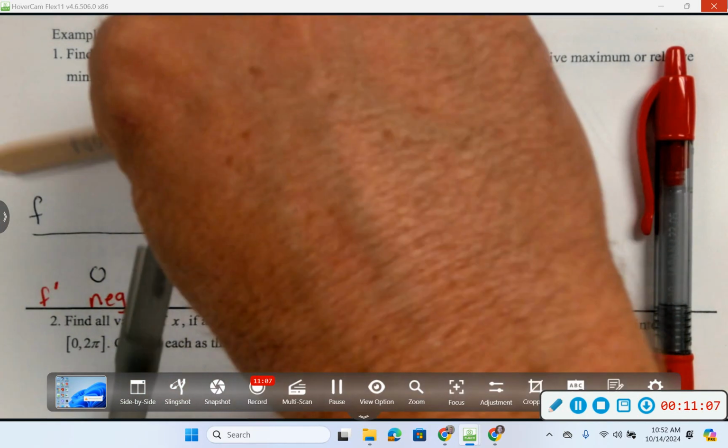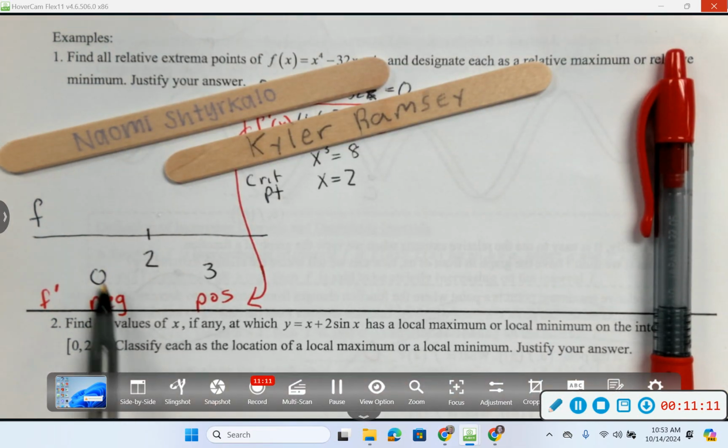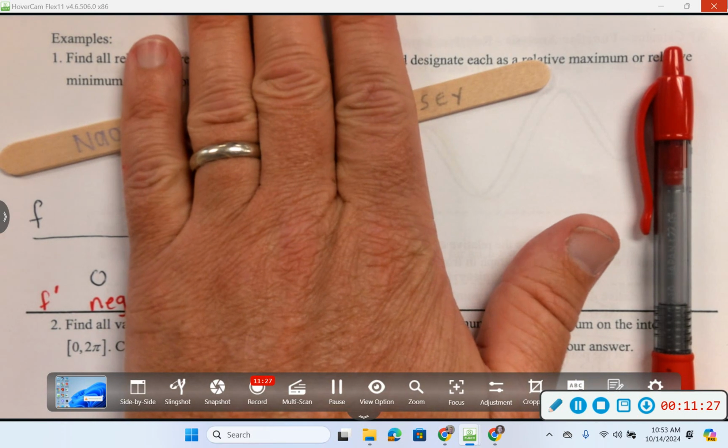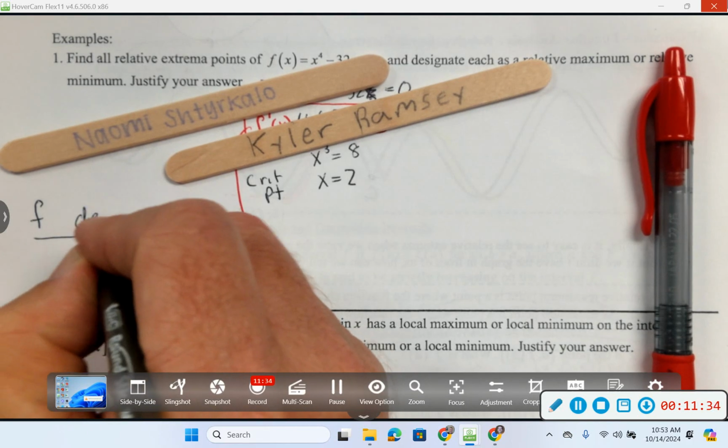Okay. Naomi, if f prime is negative, what does that tell me about f? Don't worry about max and mins. Just if f prime is negative, that means the slope is going down, and the fancy word that we'll use is decreasing.